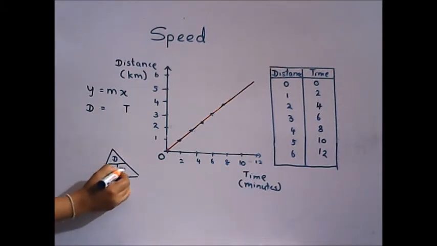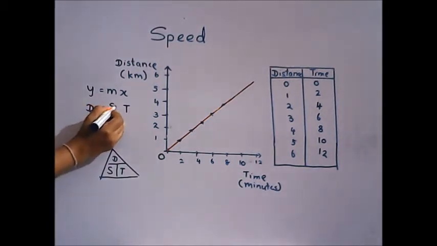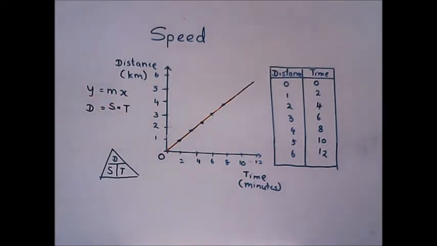Now when we are finding distance, let's draw the triangle DST. D is the subject. It means when you are finding distance, we have to multiply speed by time. Here distance is on the y-axis and time is on the x-axis.